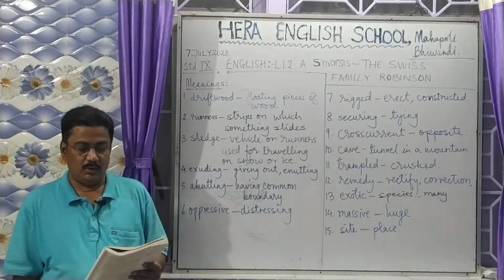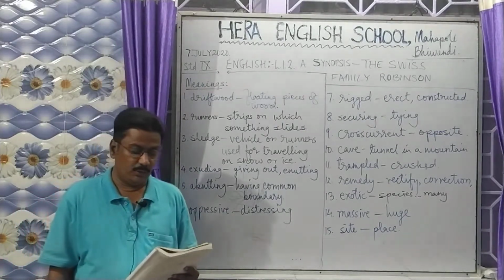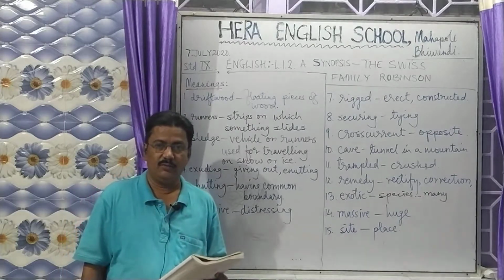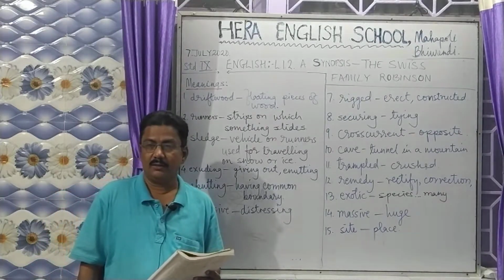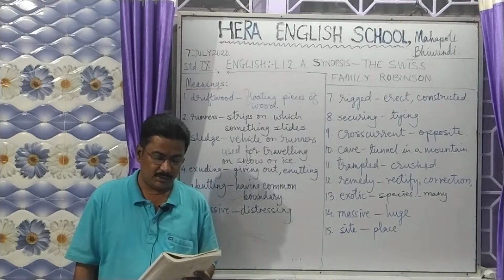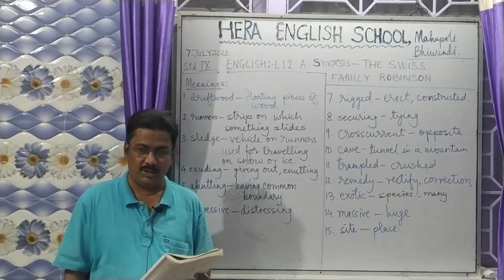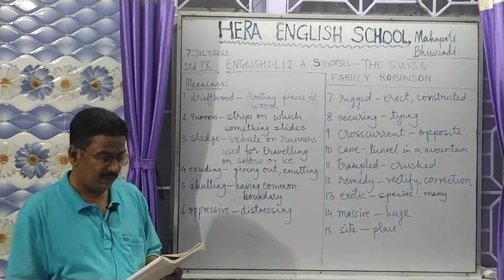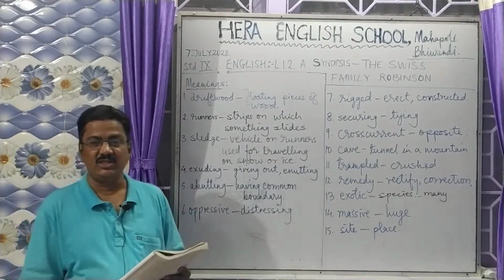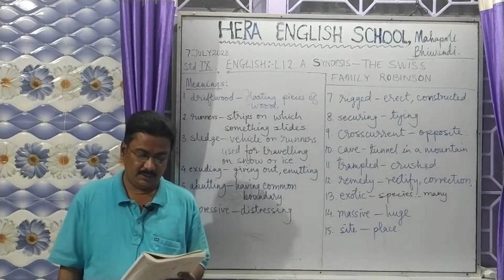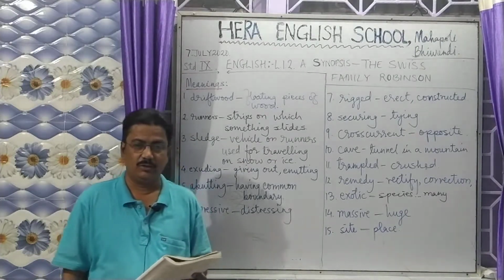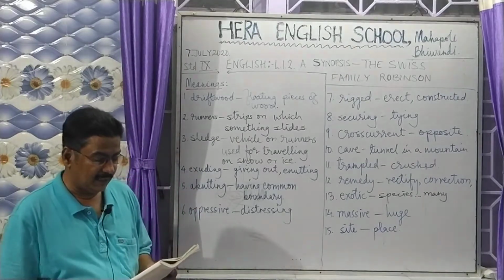The next day, only father and Fritz traveled to the woods. Woods means jungle, forest in that case. Exploring, adventuring, moving about, finding such exotic plants. Exotic plants means various species of plants, various qualities of plants in that case, because there are more than 5,000 qualities of plants in that case.